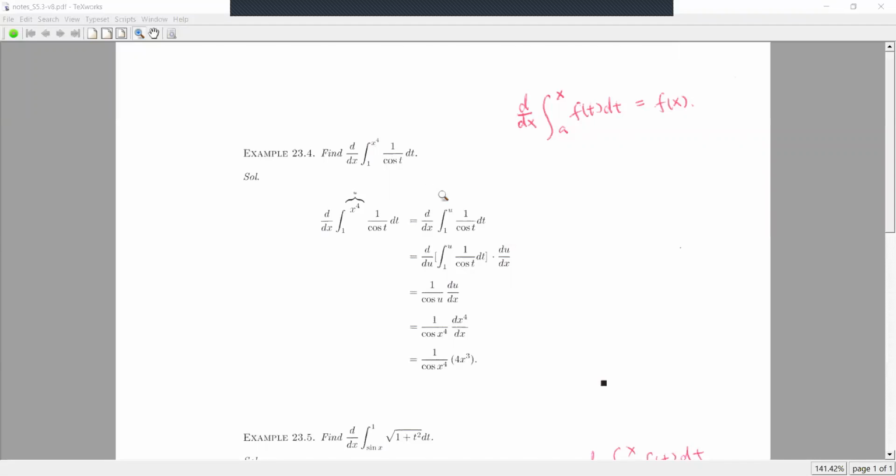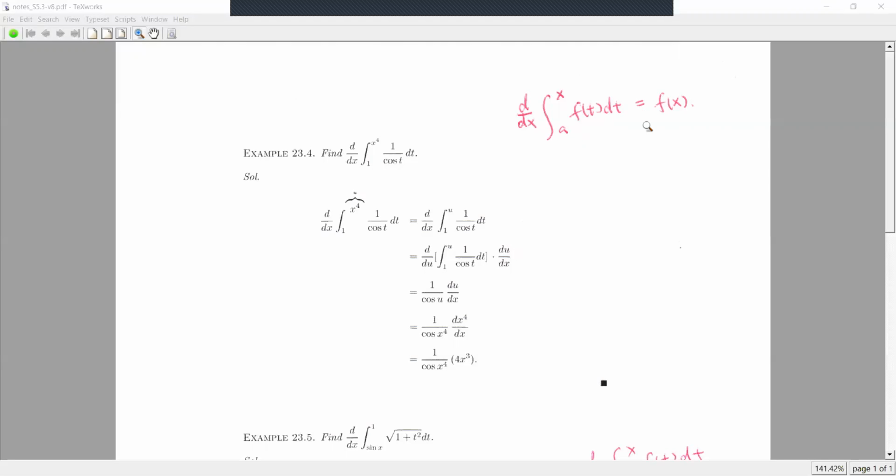So I cannot apply this formula to this derivative. Now, to overcome the difficulty, I need to simplify the upper limit. I use u, this temporary variable, to denote x to the 4th. Then this integral becomes this integral.